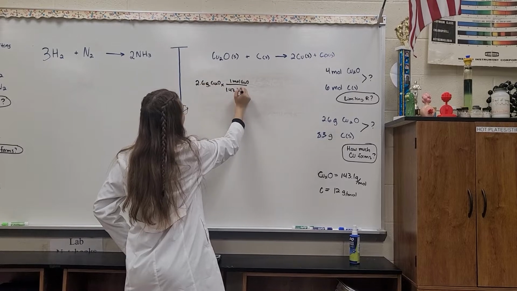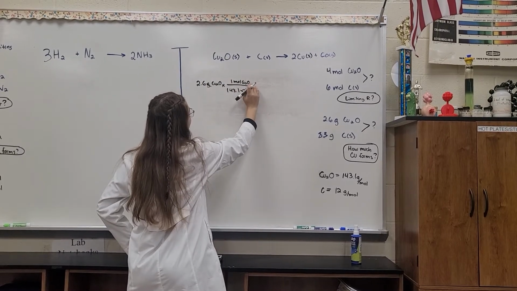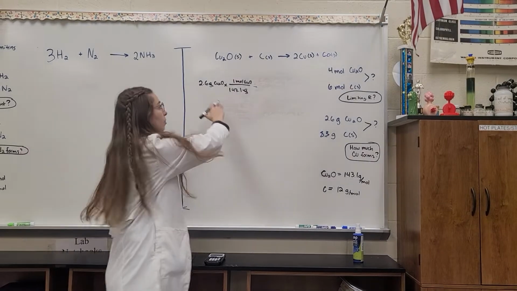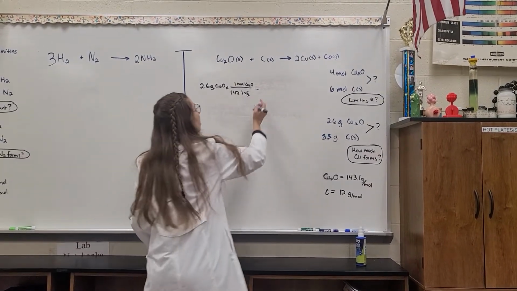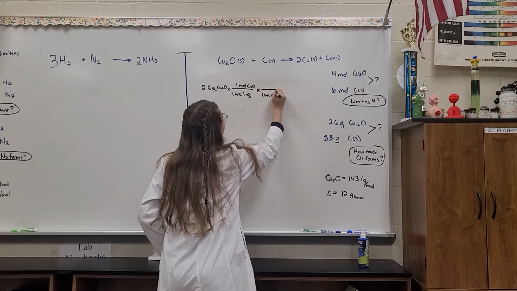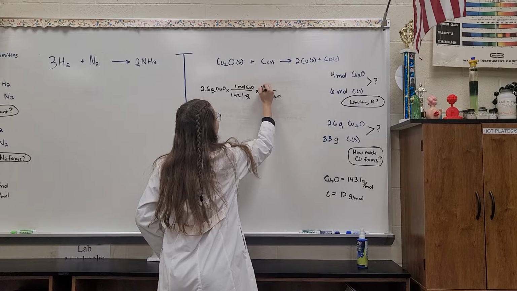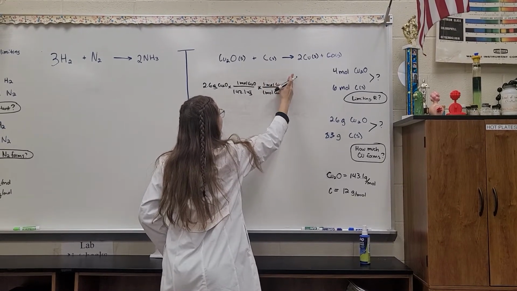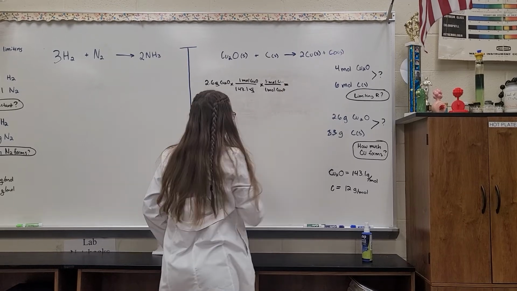These two cross out the grams, and that's going to give us a certain number of moles. We don't have to calculate and then continue because this is going to be calculated as we go. And then we use the same principle as used before: 1 mole of Cu2O can react with 1 mole of carbon. Now we can get our answer.